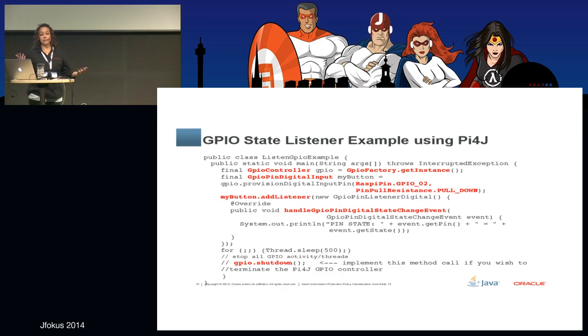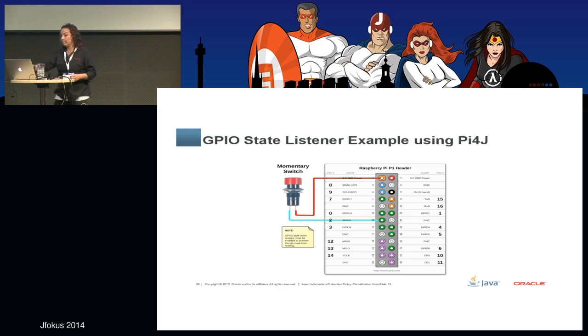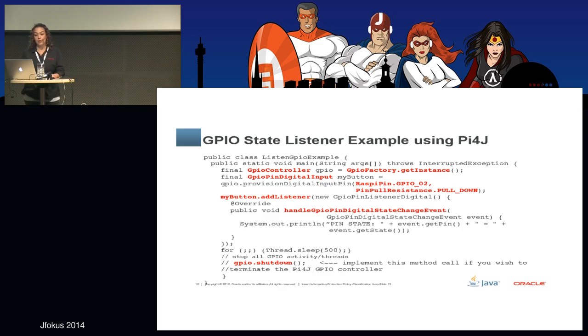So here we're attaching a switch. Right now we're going to be reading from GPIO number 2, okay? So how do you create the code? You go to your GPIO factory, and you get an instance of a GPIO controller. The GPIO controller is the one that allows you to create, in this case, a digital input pin, because we need to enter information into the pin.